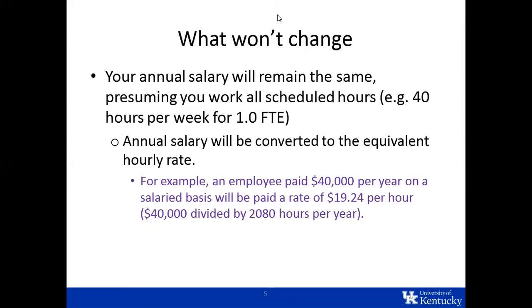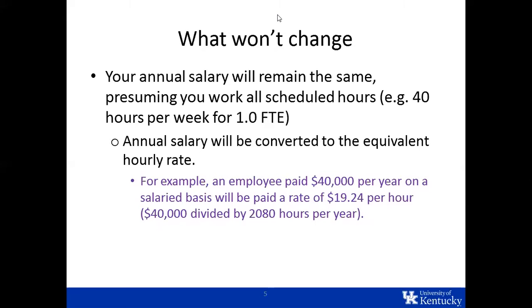So if you look at this example, if you're paid $40,000 a year, you will then have an annual salary of 40,000, but we have to create an hourly rate, and for this particular example, that would then be $19.24.